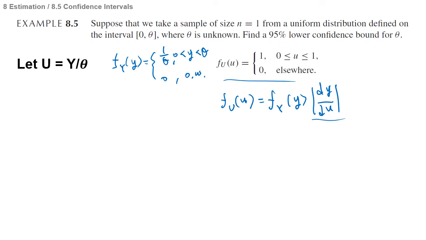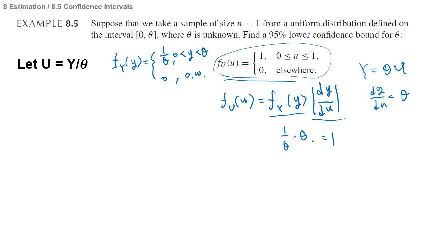To calculate this Jacobian, you know that y equals theta u, so dy du is theta. So f of y, which is 1 over theta, times theta equals 1. So the density for u is this one.